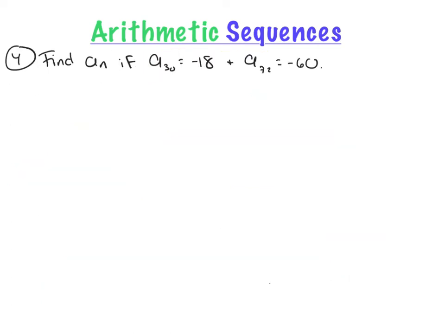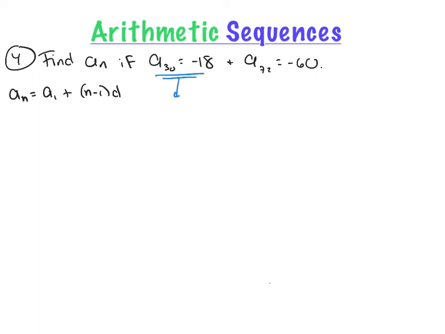Let's find A sub n if A sub 30 equals -18 and A sub 72 equals -60. Now remember, we need to use A sub n equals the first term, whatever that is, plus n minus 1 times the common difference. So let's get our two formulas like we did last time. Let's start with the first one.